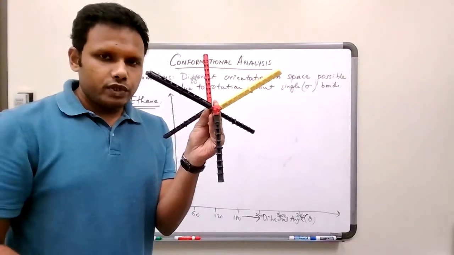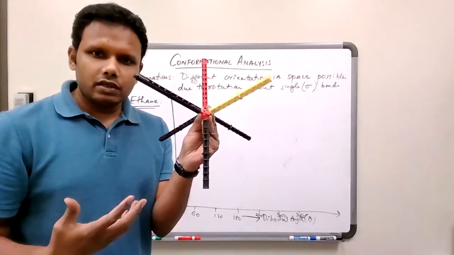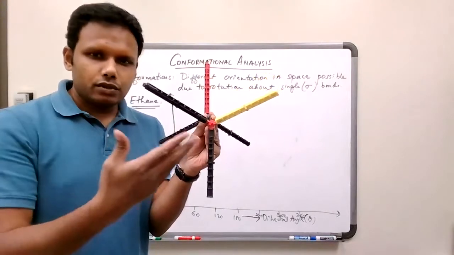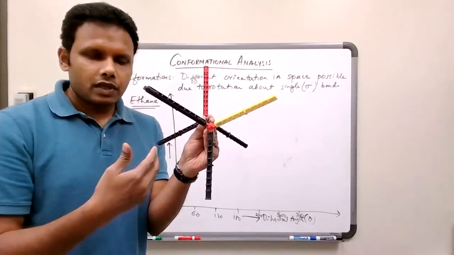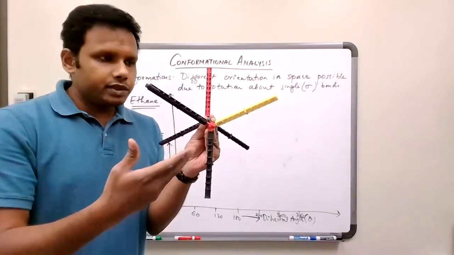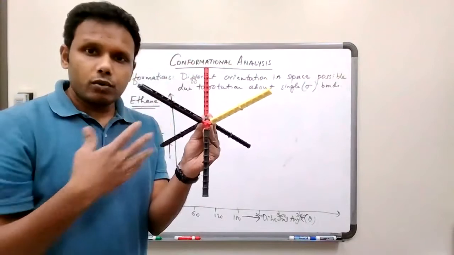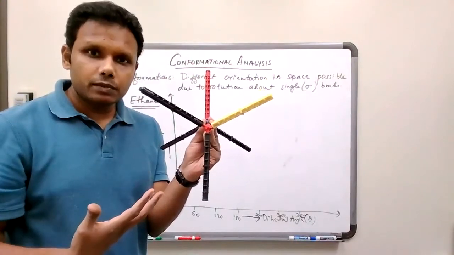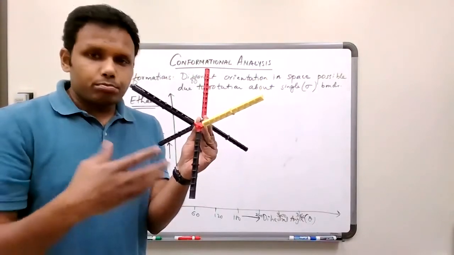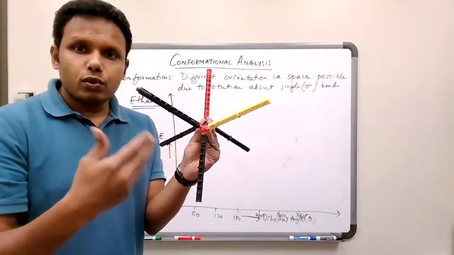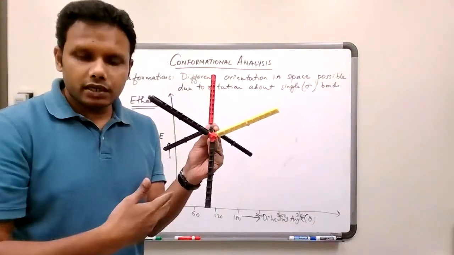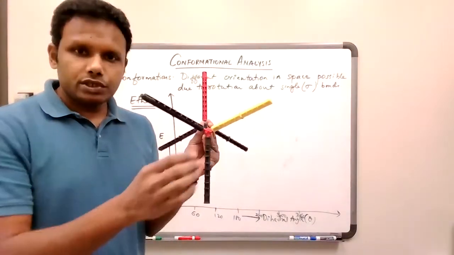Which of these two would you think is more stable? Should it be the staggered or the eclipsed? With the staggered conformation, notice how the groups are oriented away from each other. Because of that, the staggered conformation is more stable compared to an eclipsed one. So the staggered conformation is more stable.